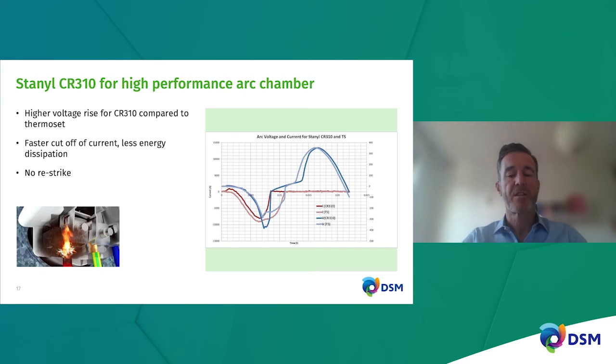So there will be more energy dissipated. So there is more thermal load on the housing. Also, this curve shows that there is no restrike. Once the current is zero, it will stay zero. In other arc quenching materials, when there is a lot of soot formation, this soot formation can cause restrike and reinstating of the current.